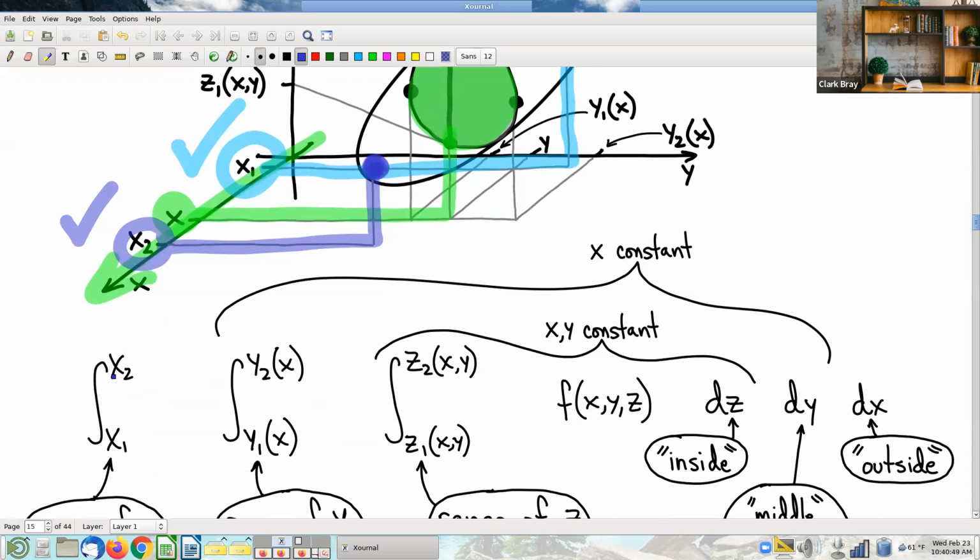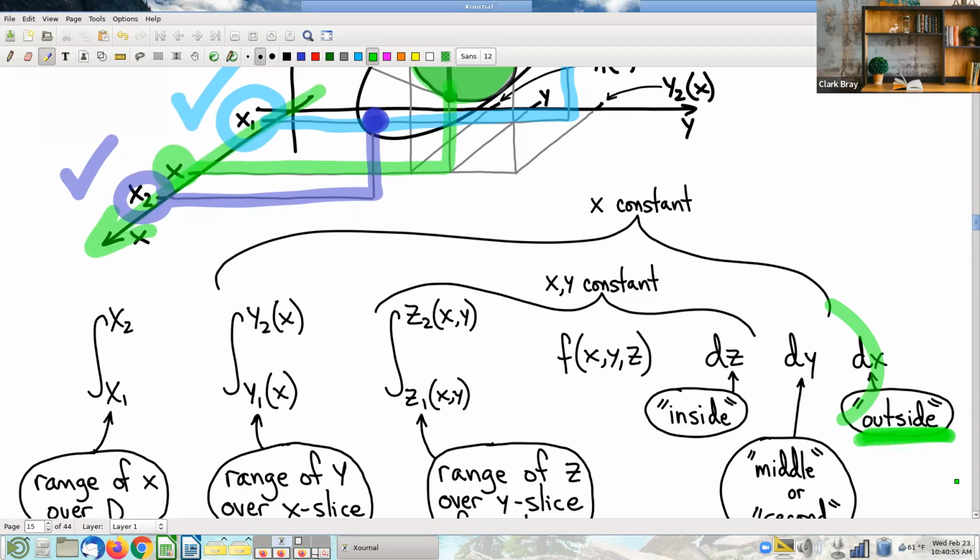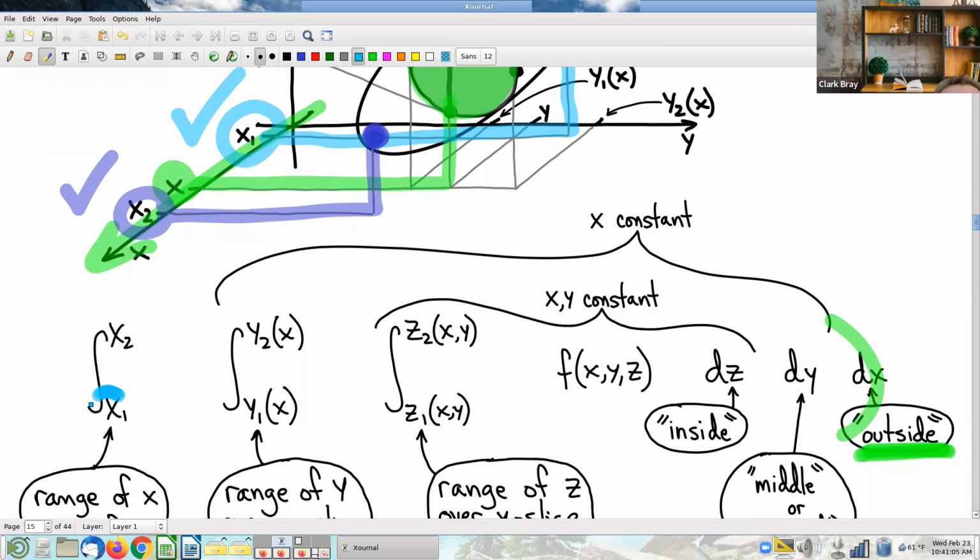So notice we've got x on the outside. Notice I'm using the same language, outside as opposed to first, because again, that's ambiguous. And my bounds, as we argued from the picture here, are from x1 to x2. Everybody with me? All right.